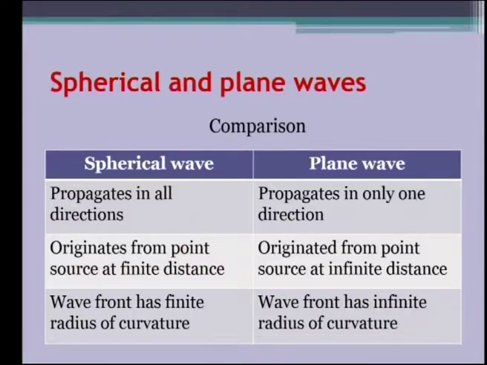So, these are some of the points that we could compare. When the spherical wave is propagating to a very long distance, the curvature is initially more curved, but as it propagates, when we observe a small part of it after traveling a long distance, the curvature is made erect and there is no curvature.